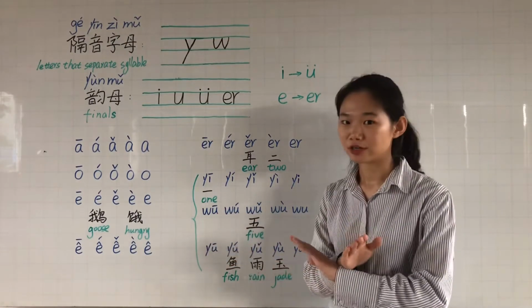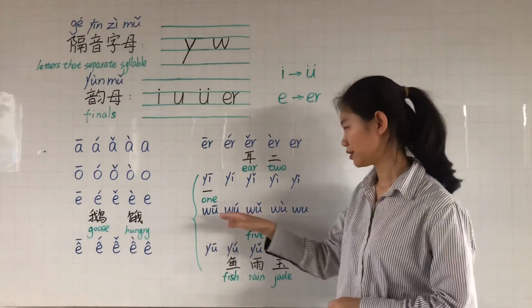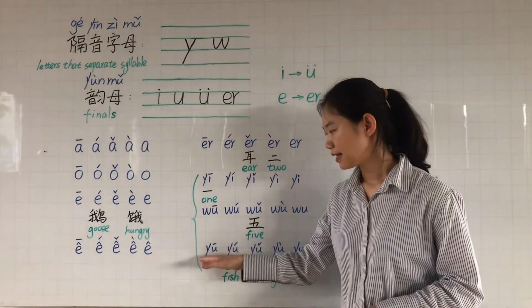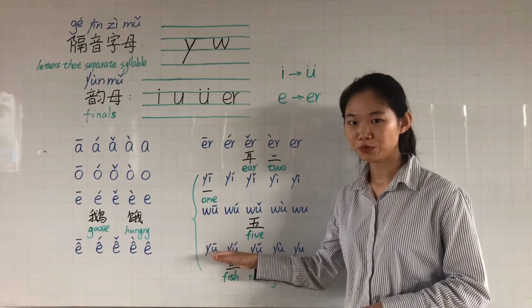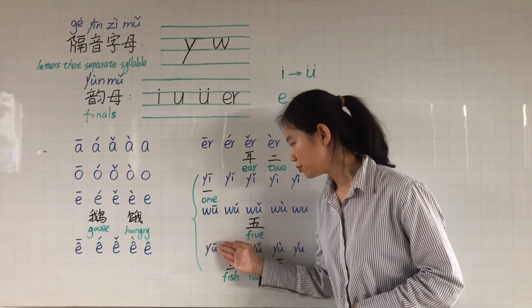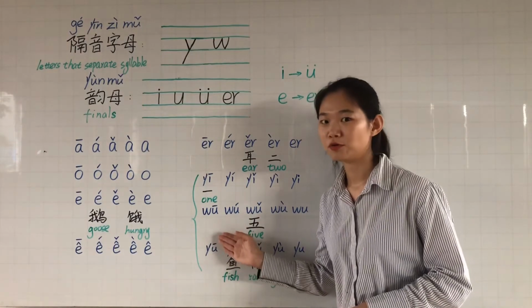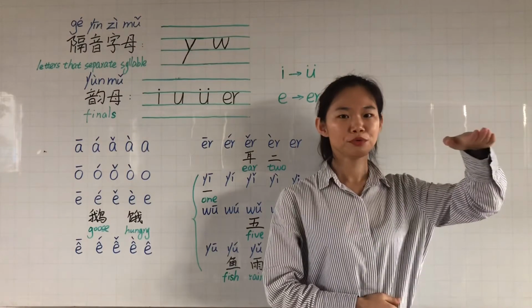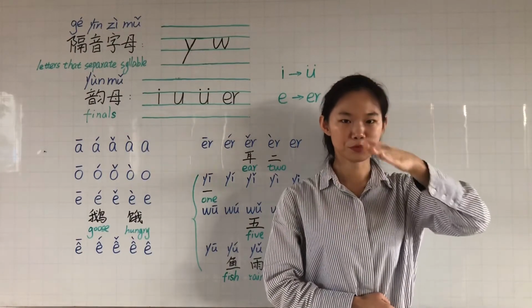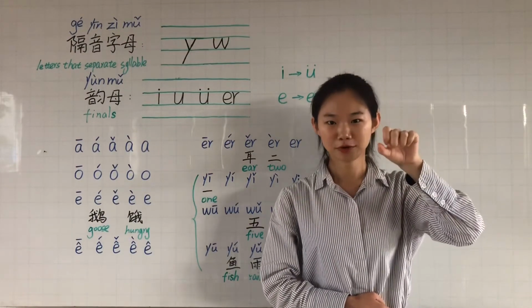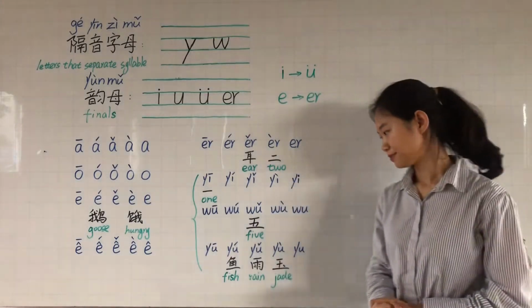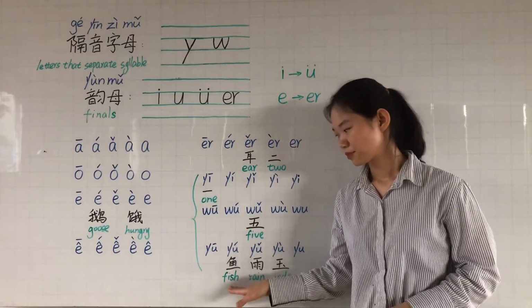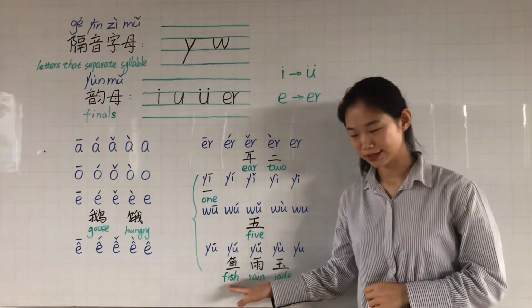So, when y is added before u, we can remove the 2 dots over u. Okay? Repeat after me. Yu, yu, yu, yu, yu. Very good. Yu, it means fish.